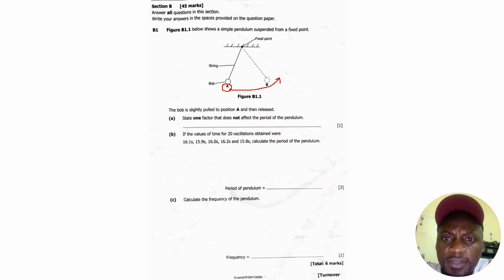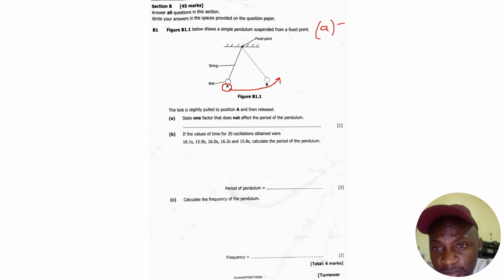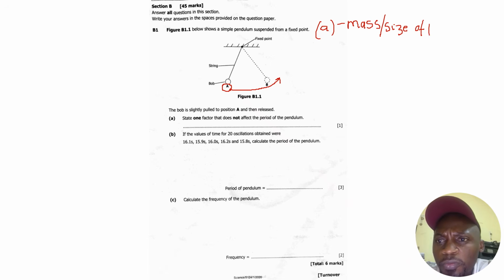A says state one factor that does not affect the period of the pendulum. So we know that one of the factors which does not affect the period of the pendulum is mass, or we can say the size of the bulb.